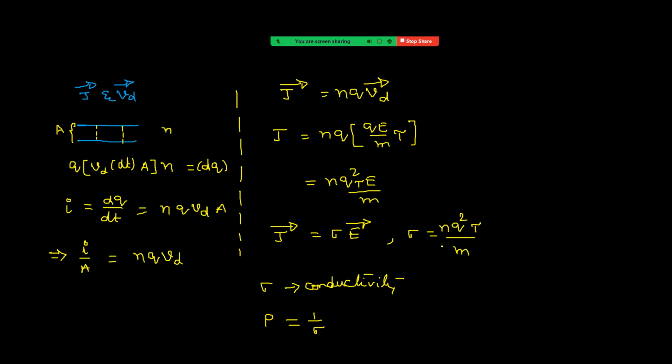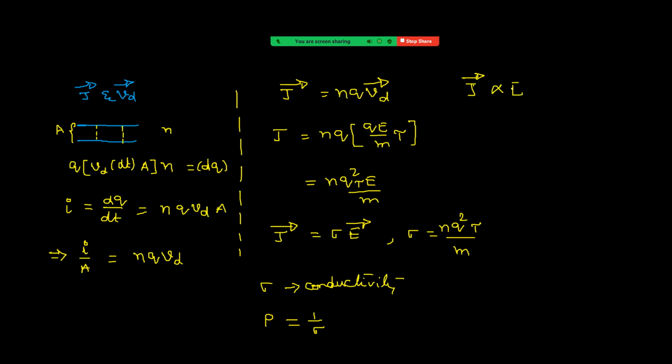That means at a given temperature, this relaxation time must be constant, because the charge of the electron is constant, the number of free electrons per unit volume is constant, and the mass of the electron is constant. So if the relaxation time is constant at a given temperature, then J bar is proportional to E bar for a conductor.